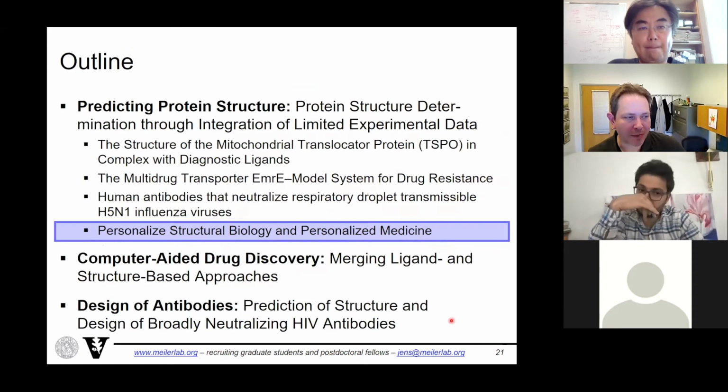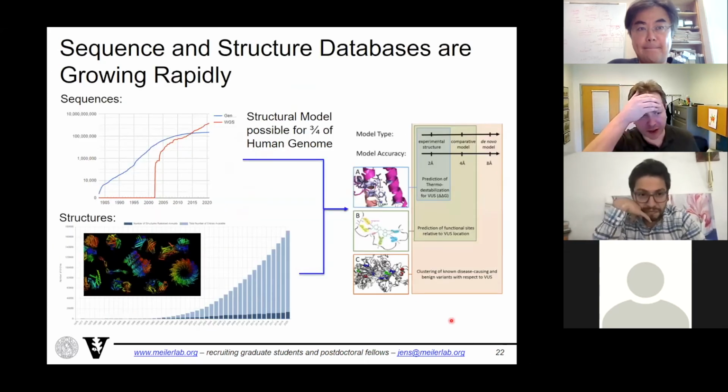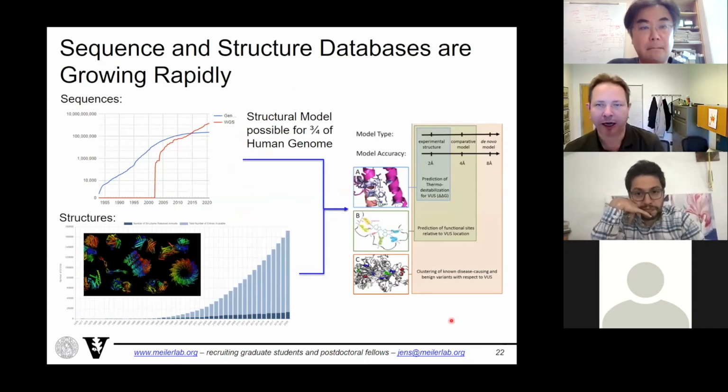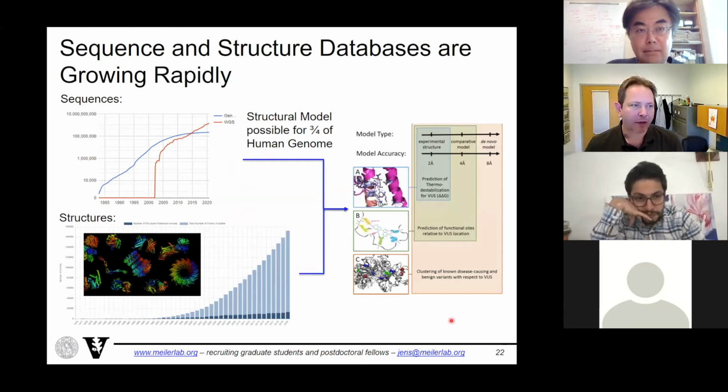What I want to talk about is this project here, which is one that I find very exciting in terms of the application. So we call this personalized structural biology, if you like, because you're aware. So why is AlphaFold suddenly so good, right?